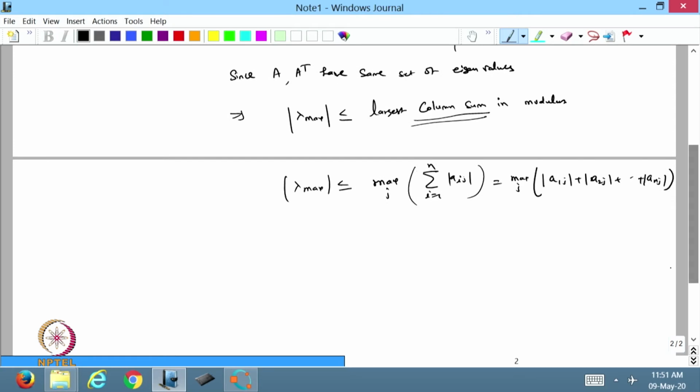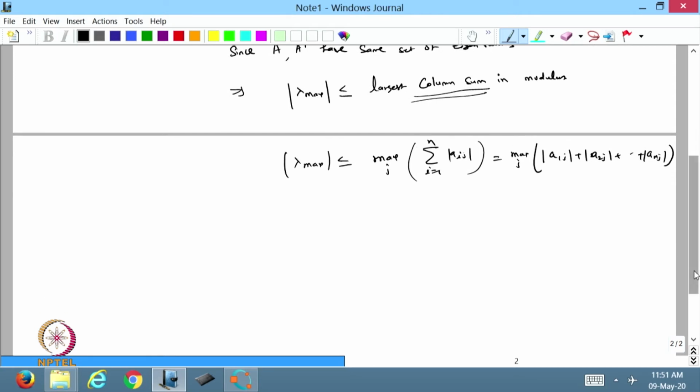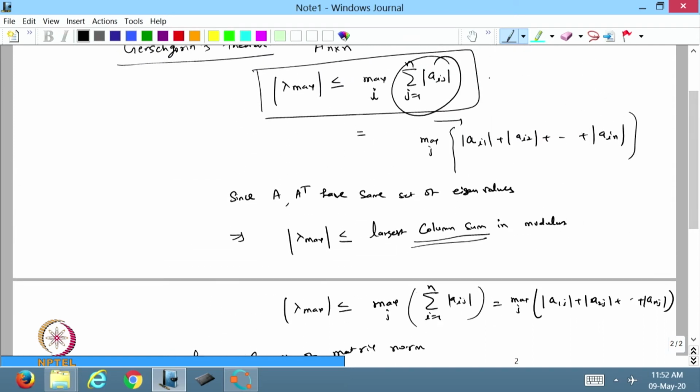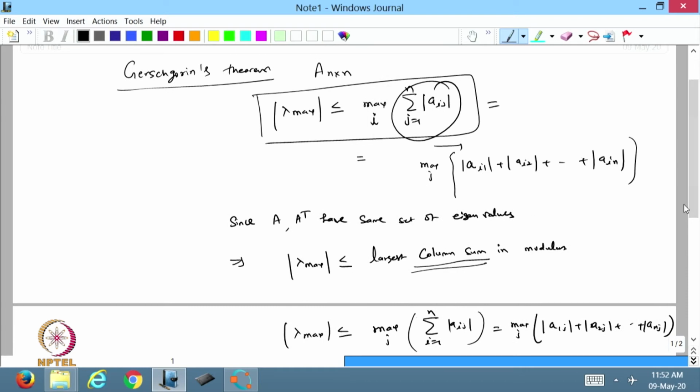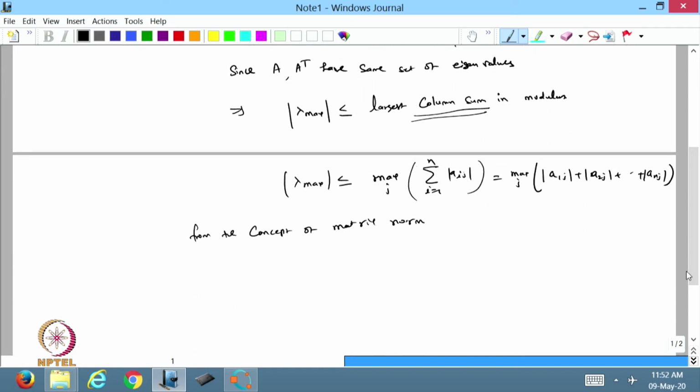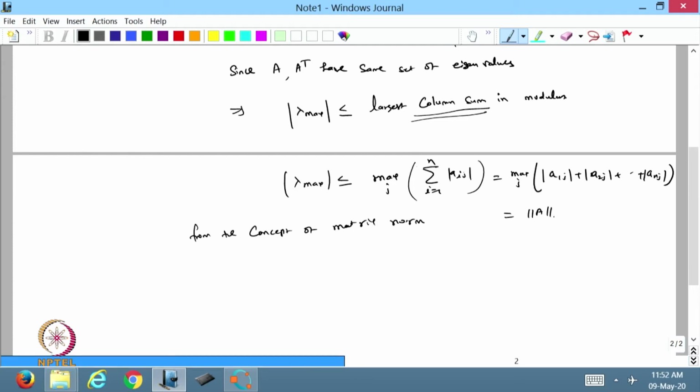And from the concept of matrix norm, we know that the largest row sum is equal to the infinity norm, and the maximum column sum can be written as the 1 norm.